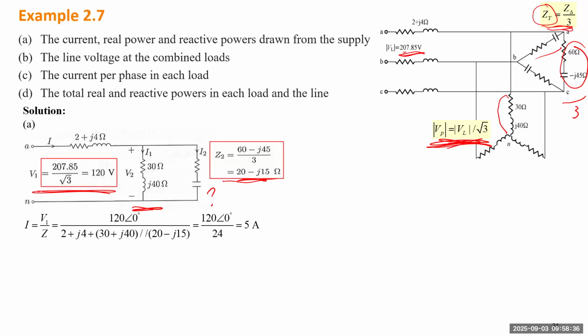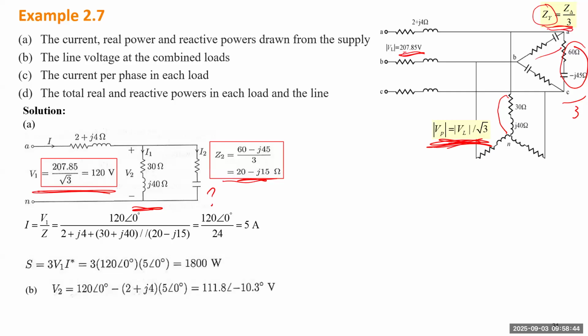So the current will be the voltage divided by the total impedance, which is 5 amperes. And for the complex power, this one doesn't have reactive power, which means the two loads, one has inductance and the other has capacitance. They just cancel each other for the reactive power.